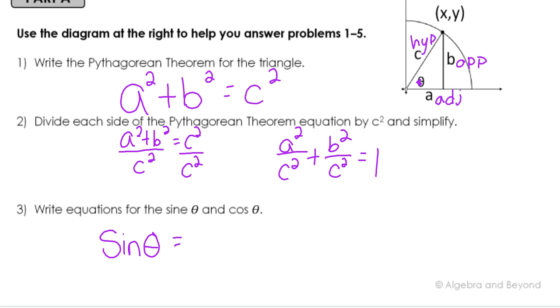So the sine of theta in this case is opposite over hypotenuse, which is b over c. The cosine of theta for that triangle is the adjacent over the hypotenuse. So those are the two equations for that.